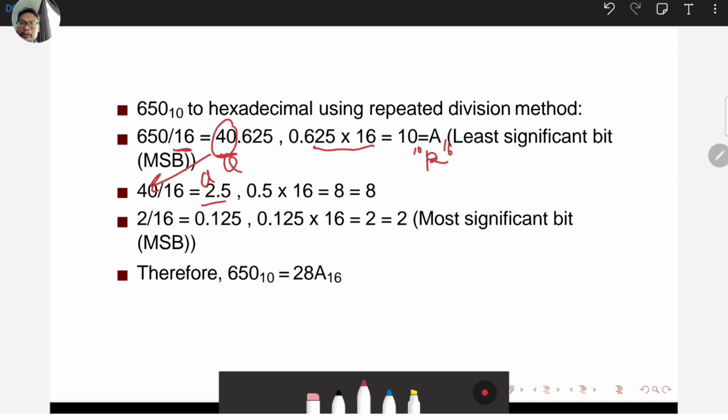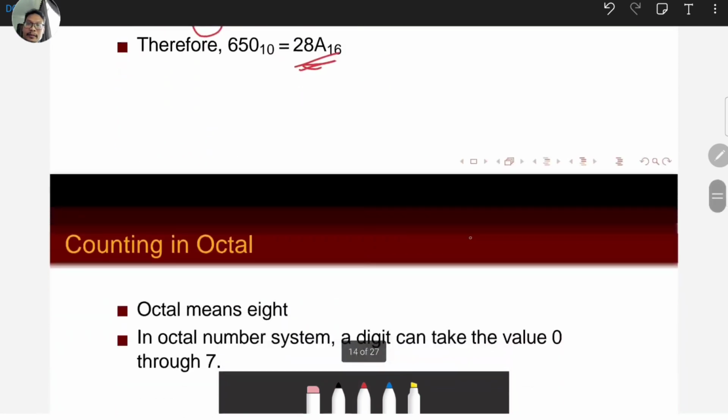Quotient is 2, remainder is 8. Then we take 2, divide by 16, 0.125, quotient is 0, remainder is 2. Since we have achieved 0 as our quotient, we stop, and therefore our solution is 28A base 16. So we don't have to convert to binary first.